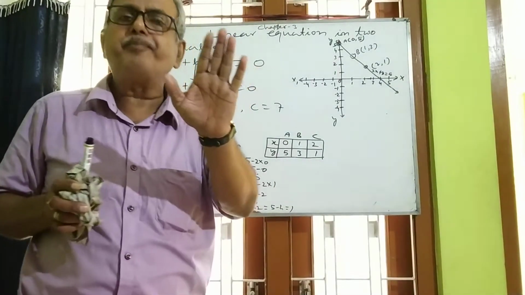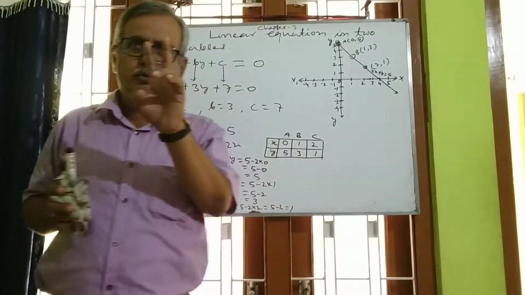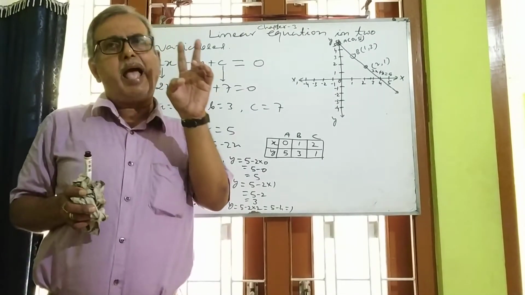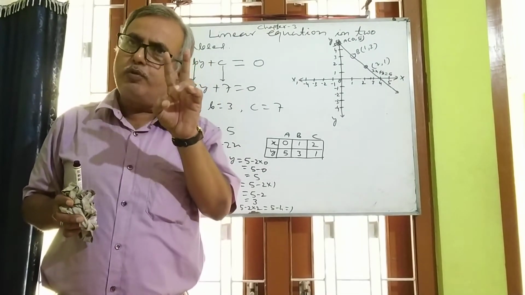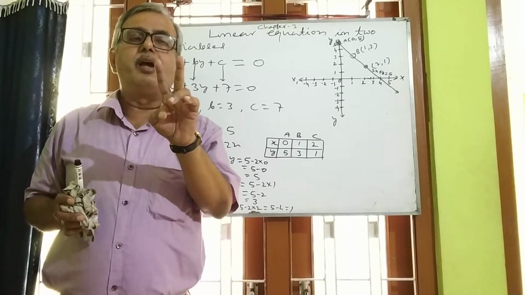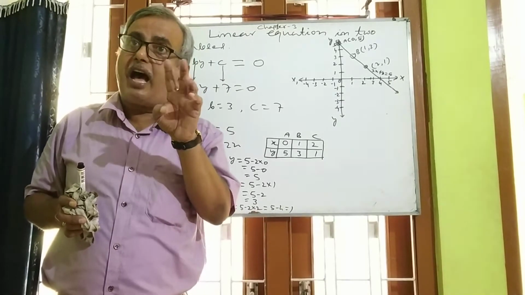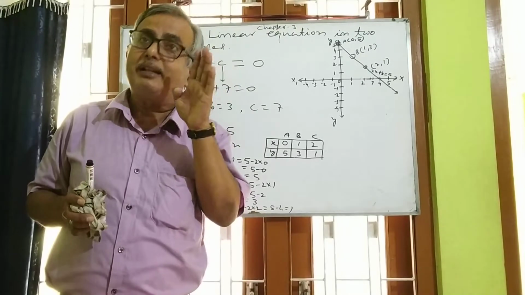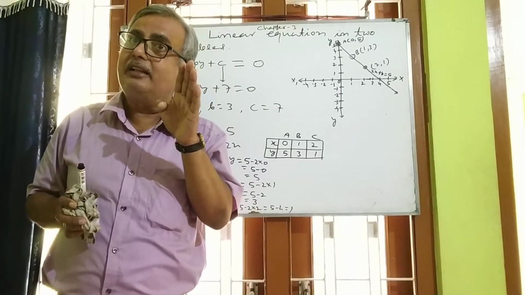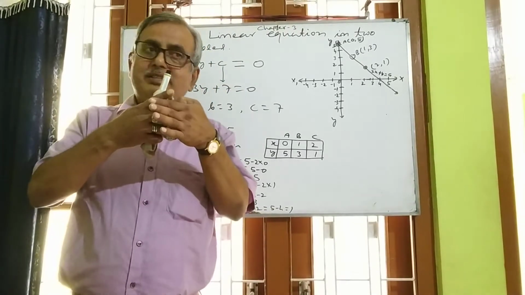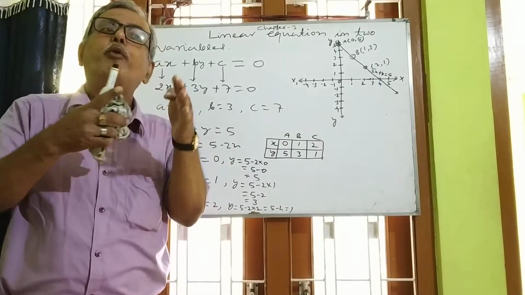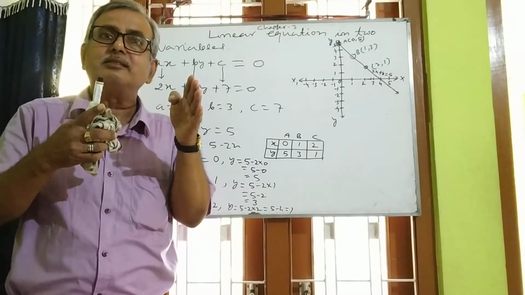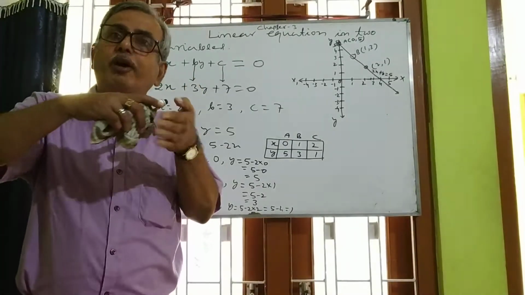What you will do, with the help of two equations, you have to decide whether their lines are parallel, whether their lines are intersecting each other, or whether the lines lie on each other.